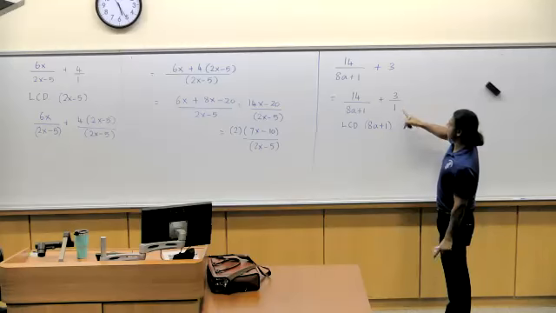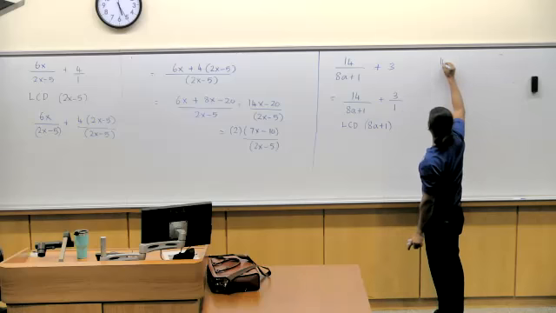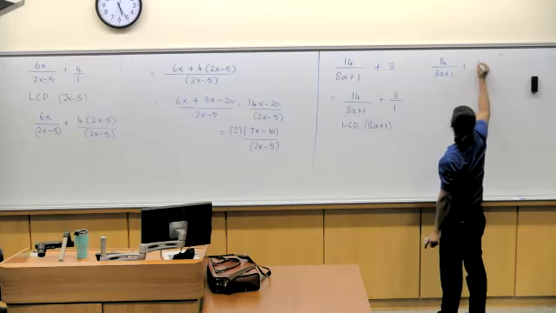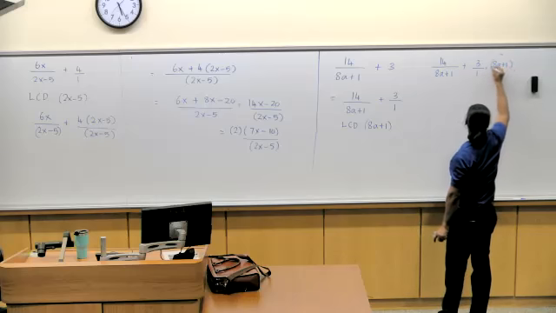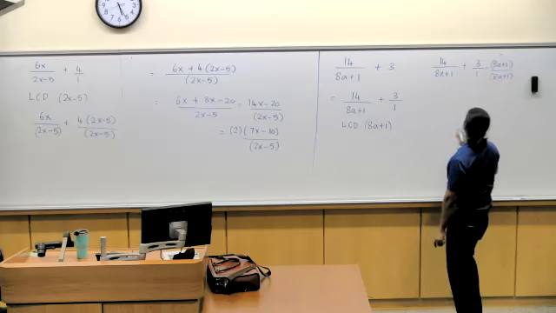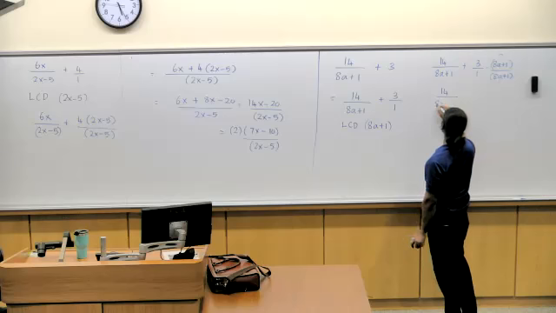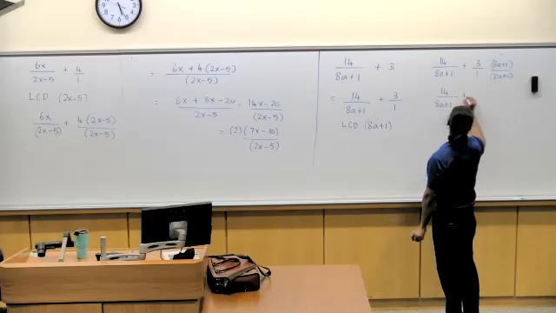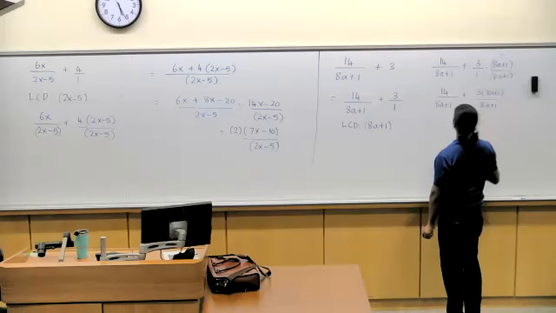We multiply and divide the second expression by 8a plus 1. So I will get 14 over 8a plus 1 plus 3 times 8a plus 1 over 8a plus 1.